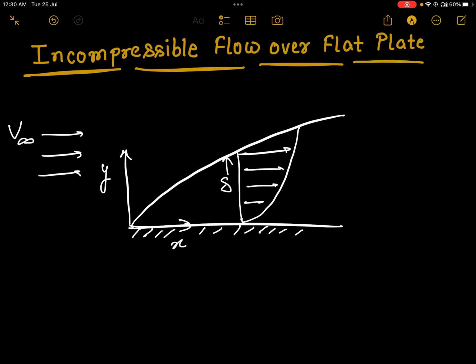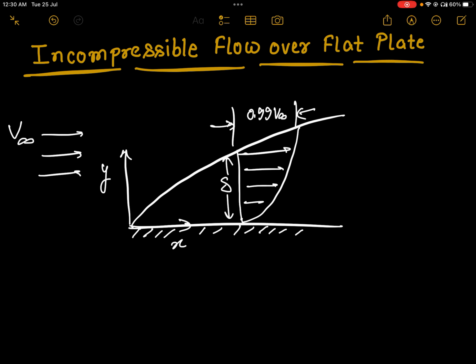This is the boundary layer thickness at some distance x, and at the boundary surface the velocity will be 99% of the free stream velocity.